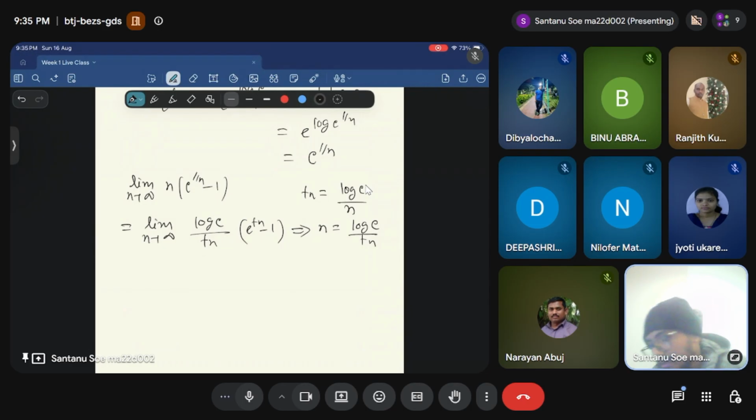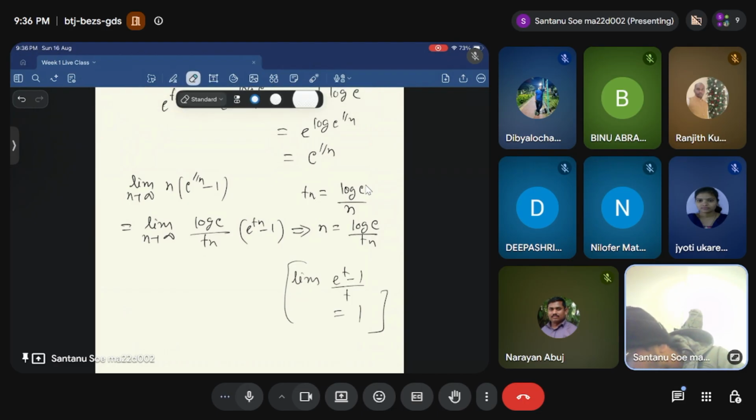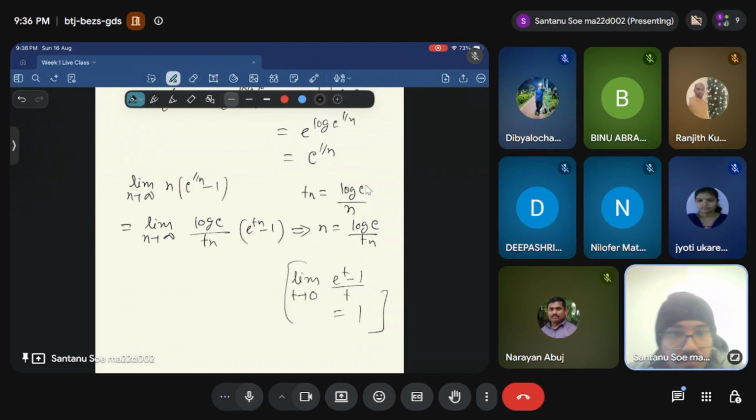Correct? Now we already know that the limit as t tends to 0 of (e to the power t minus 1) by t is 1. This we know, right? By L'Hopital's rule.